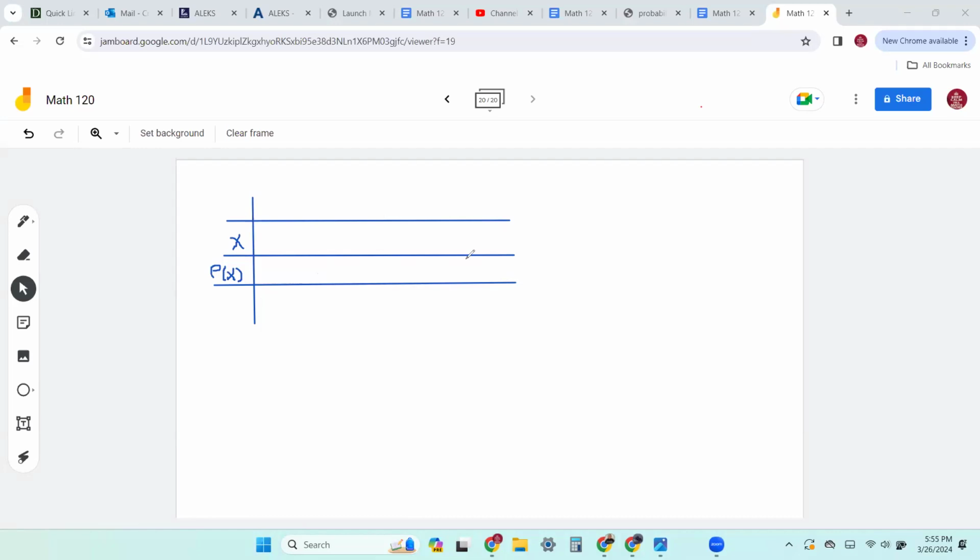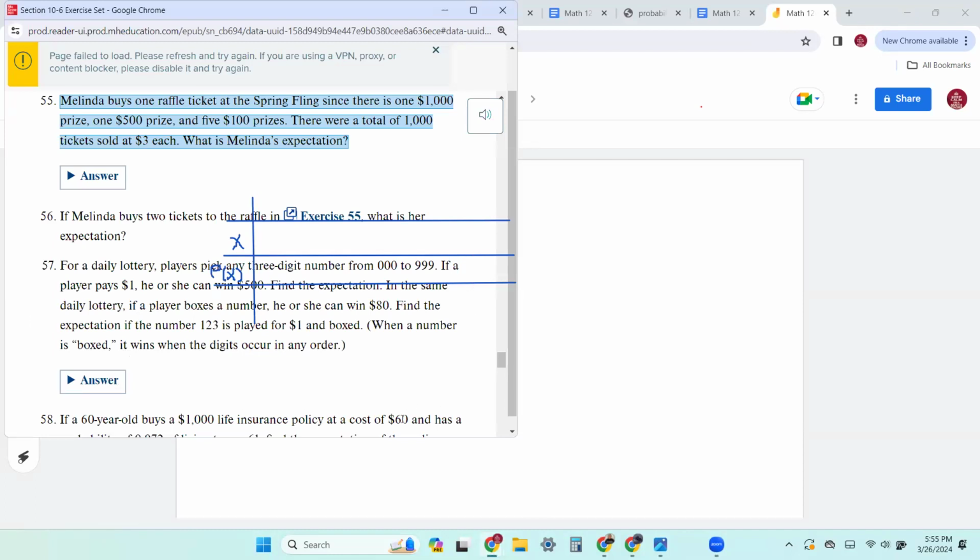All right, so what was the first thing? Melinda buys one raffle ticket at the Spring Fling.